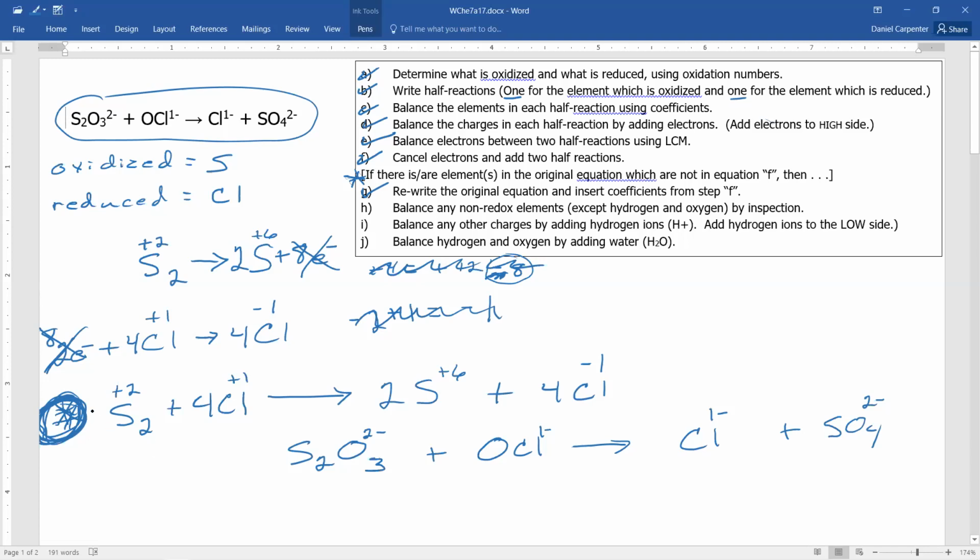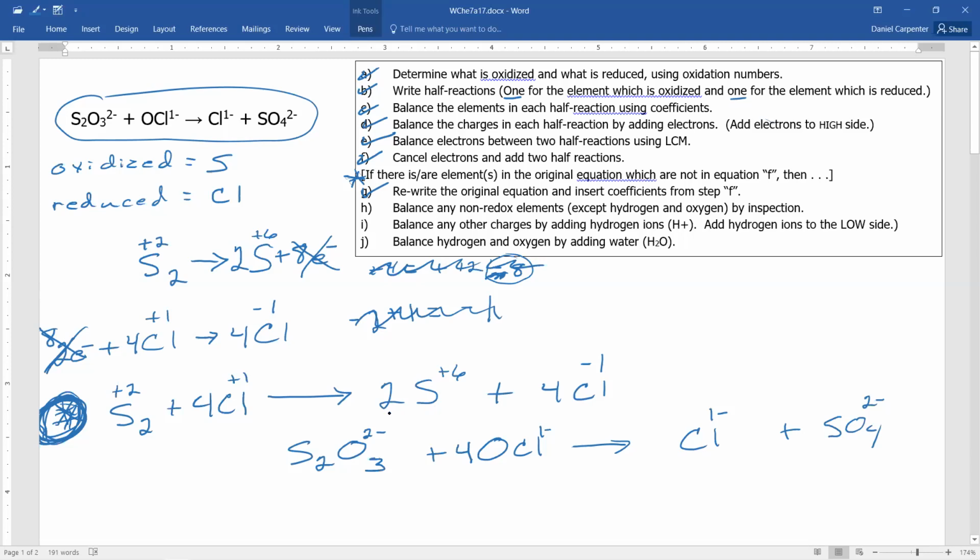So the S2 has nothing in front of it. The S2 came from right here. So this understood 1 goes right there. Stays just like it is, an understood 1. The Cl came from this compound. So the coefficient of 4, can't put coefficients in the middle, have to put it at the beginning. On the right, now notice this, I did not write them in the same order.